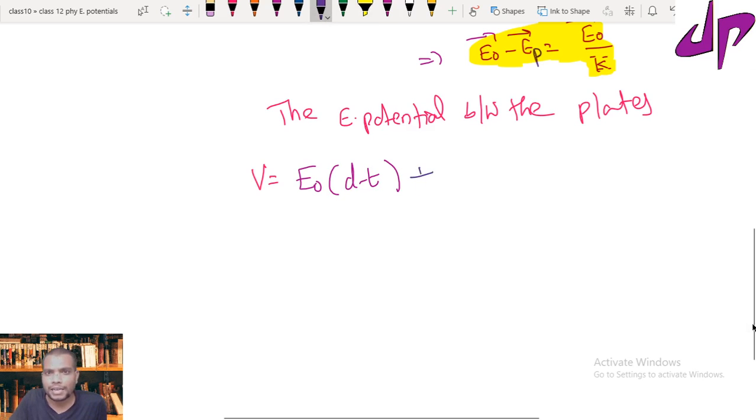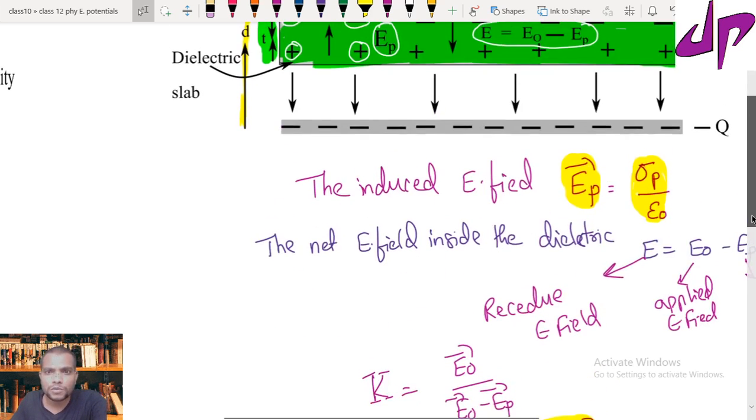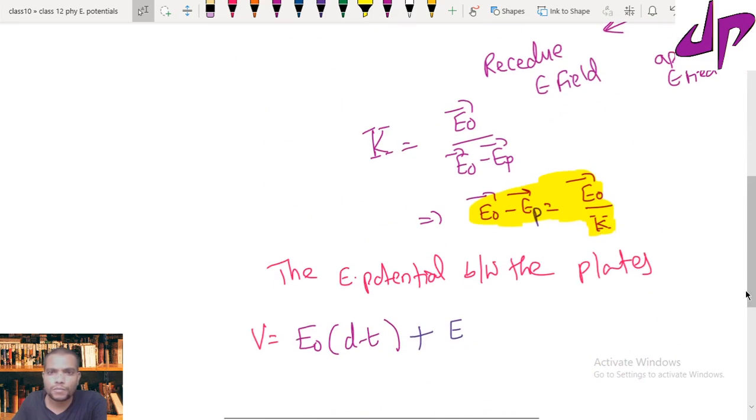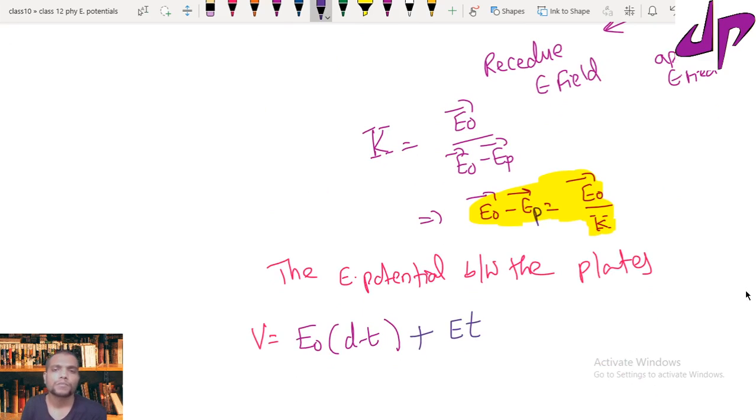And plus, since potential is a scalar, we can add it. Now E is the electric field due to the dielectric medium, and T is the thickness of the dielectric medium.